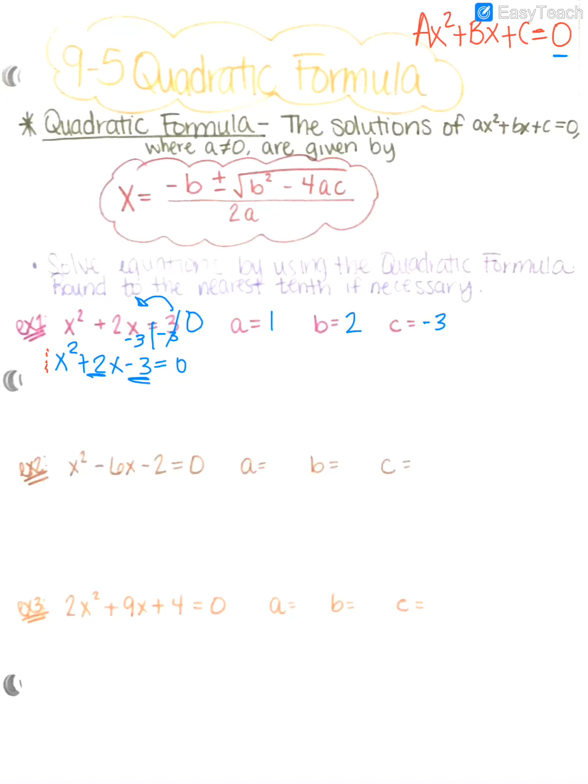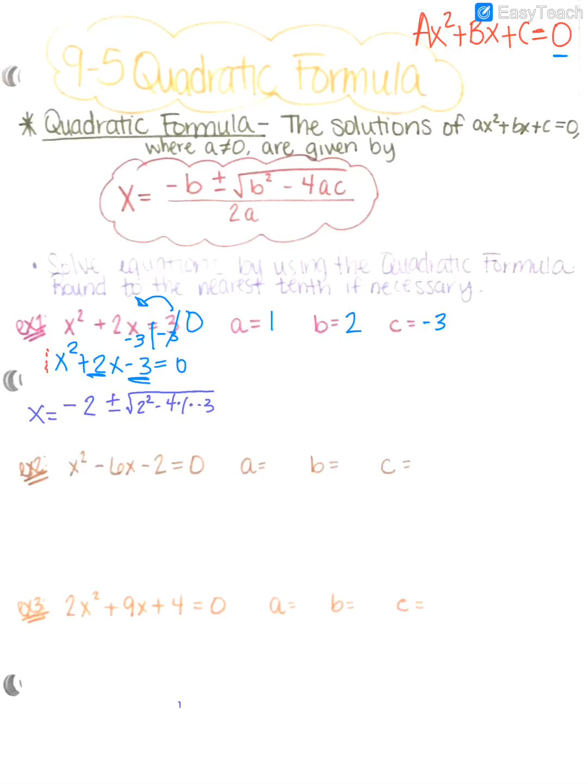So my formula reads x equals negative b, and again my b was 2, plus or minus, and I'll tell you what to do there in a little bit, the square root of b, my b is 2, squared, minus 4 times my a, which is 1, times my c, which is negative 3.